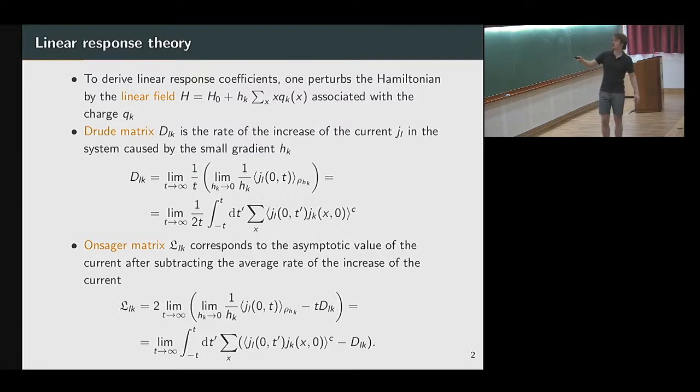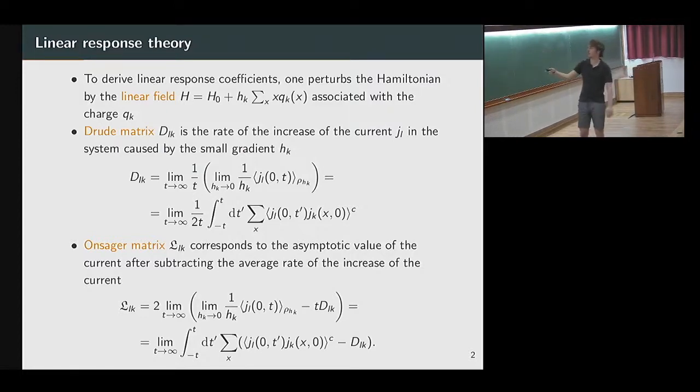Even if the prefactor is small, the difference of the charges for spaces which are very far apart will be infinite. So this will induce a current which will increase linearly with time in our system. That's why we put the factor 1 over t here.